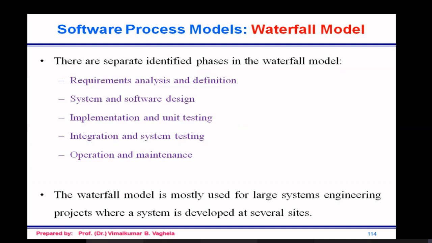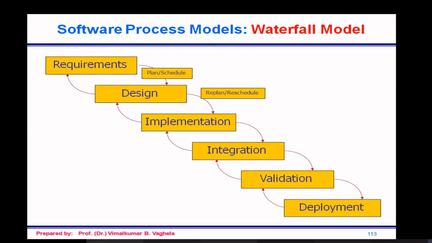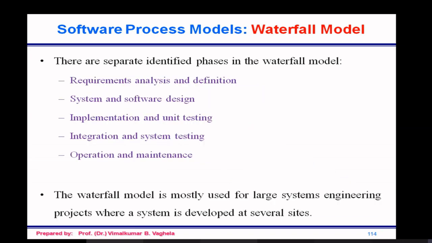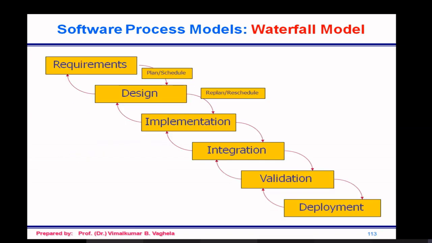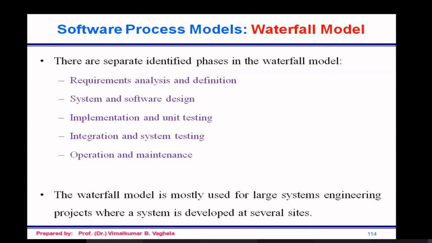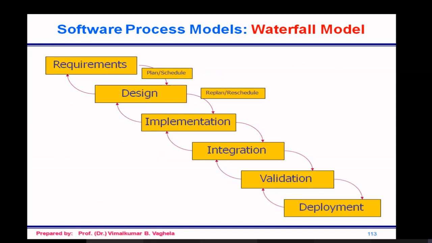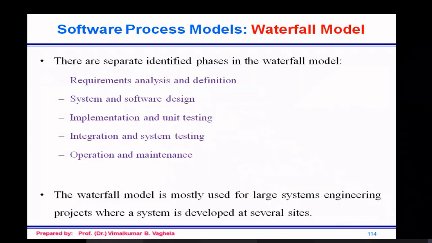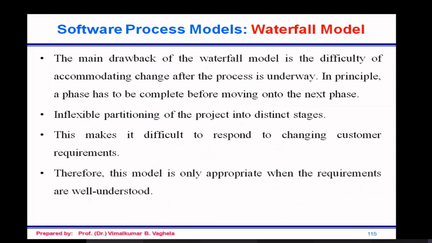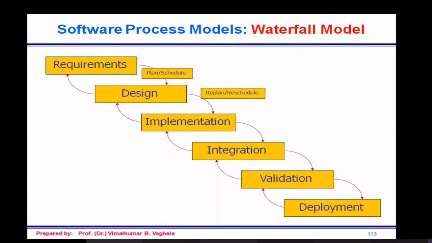The requirement analysis and definition happen during the requirement phase. Then the system and software design will be done during the design. Then implementation and unit testing will be done as part of implementation and validation. Then the operation and maintenance will come in the deployment.